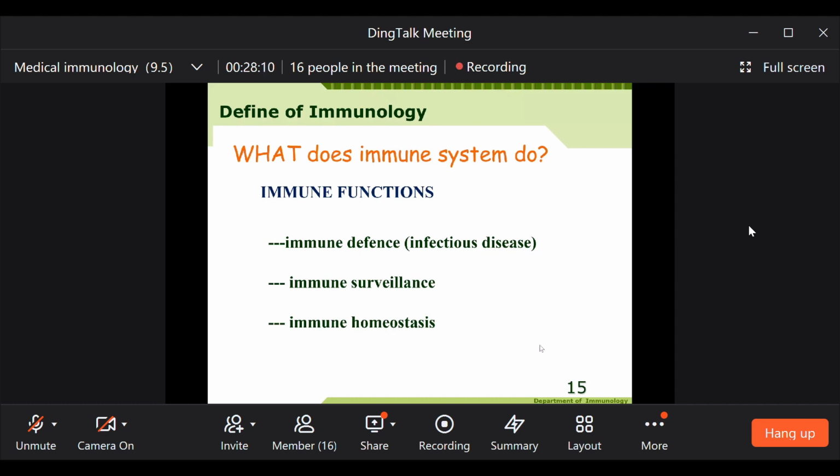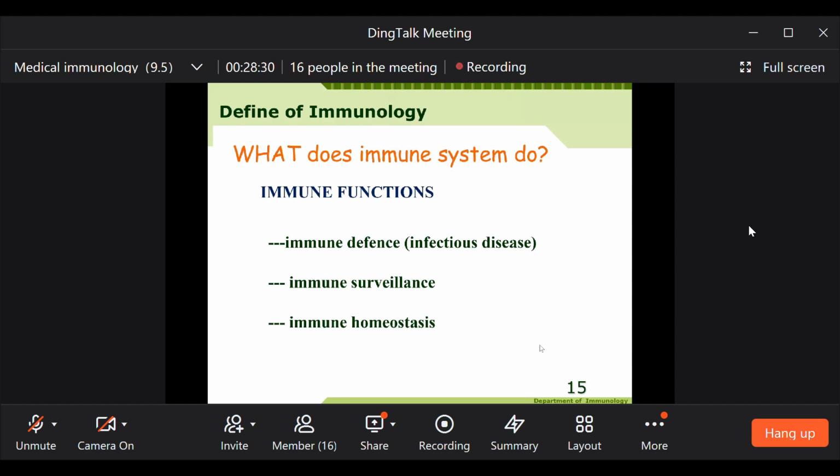A healthy immune system is irreplaceable, but it can still become ineffective.